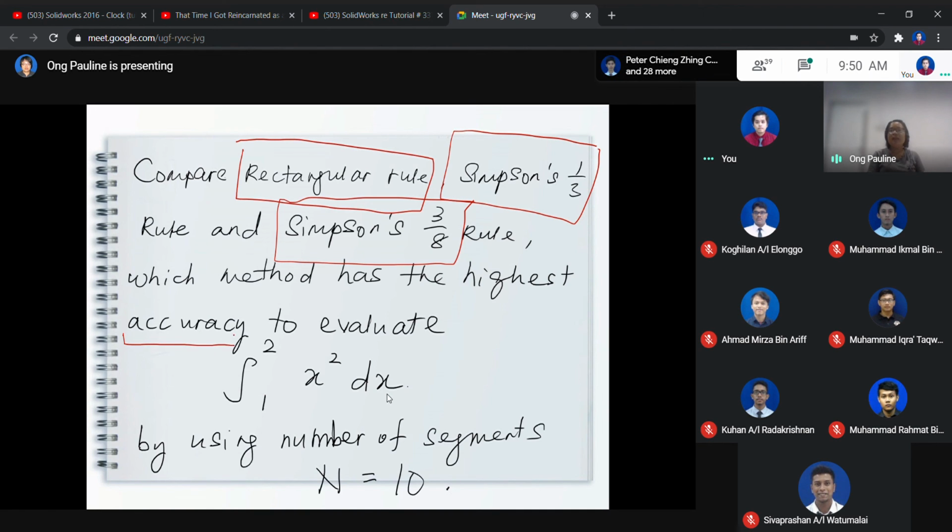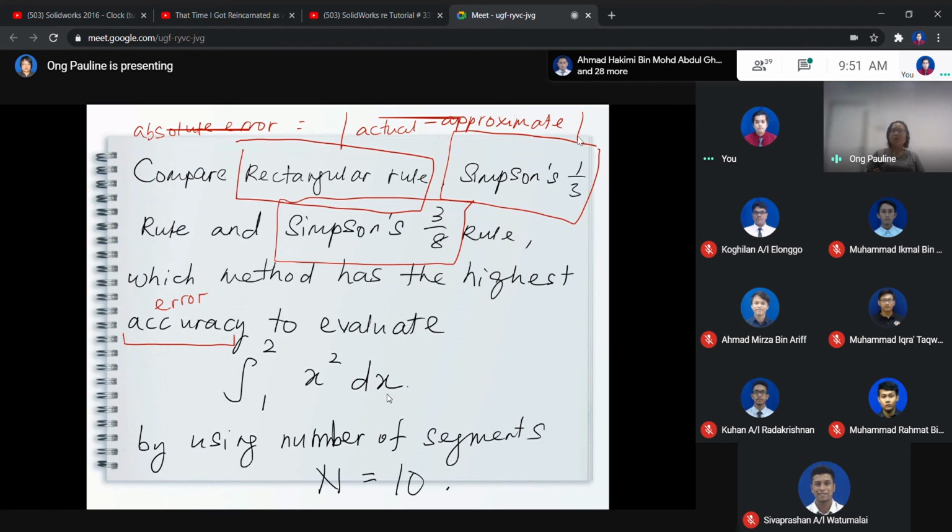To know the highest accuracy, we relate to the error. So I can make use of the absolute error, which is the absolute value of the actual solution minus the approximate solution.